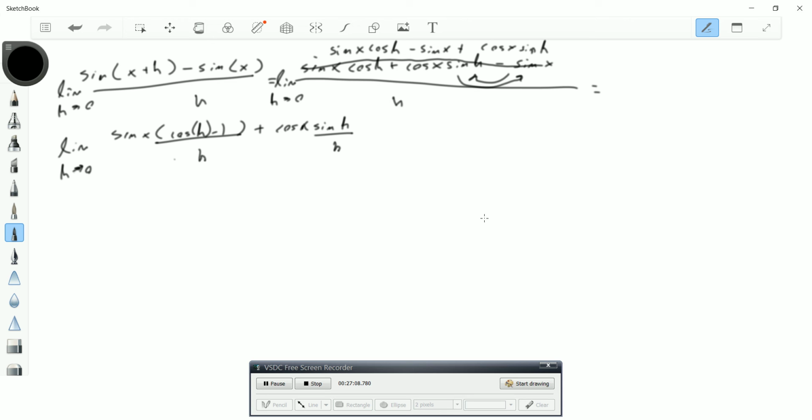So we get a big 0 right here. We also showed that the limit as h goes to 0 of sine of h over h is 1. So now we have 0 plus 1 times cosine x, which is equal to cosine of x. So d over dx of sine of x is equal to cosine of x.